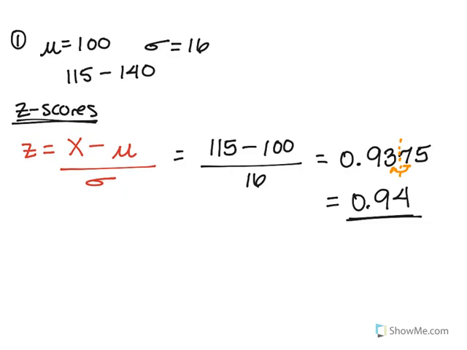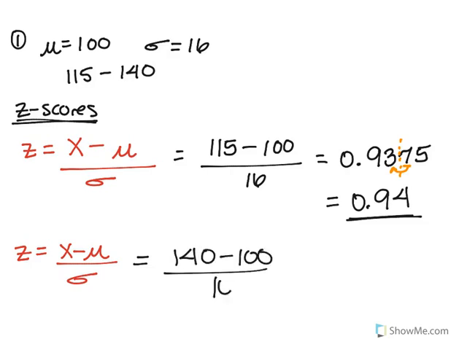Okay? Let's convert 140. So that's going to be 140 minus 100 divided by 16. You should get 2.5 on the dot.